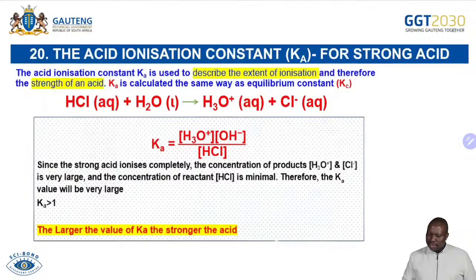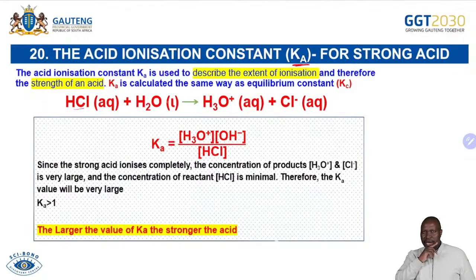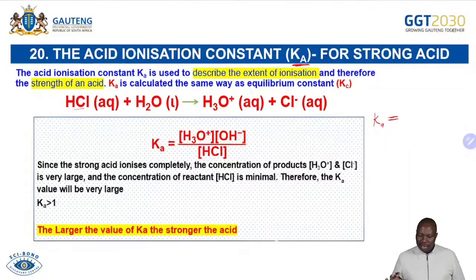Now, the acid ionization constant Ka. So we have what is referred to as a Ka value for strong acids. Remember what we said about strong acids: they ionize completely in water, giving a high concentration of hydronium ion. So if we were to get the Kc expression here, because we're talking about the ionization constant of an acid, we'll call our Kc Ka, because this one is specific for the acid.